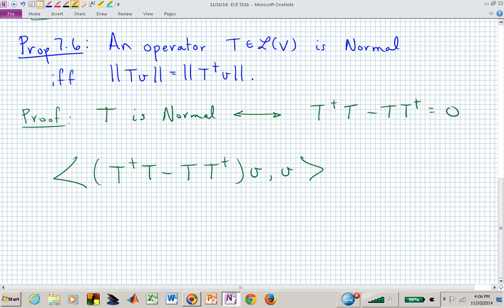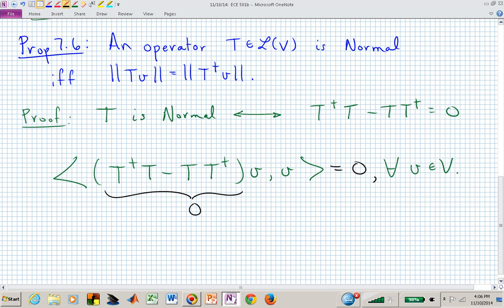What's 0 inner product with any v? This is true for all v in our vector space, capital V. What's that equal to? If this now is 0, which we just said it is for T being normal, we can say that that now is 0, that inner product.